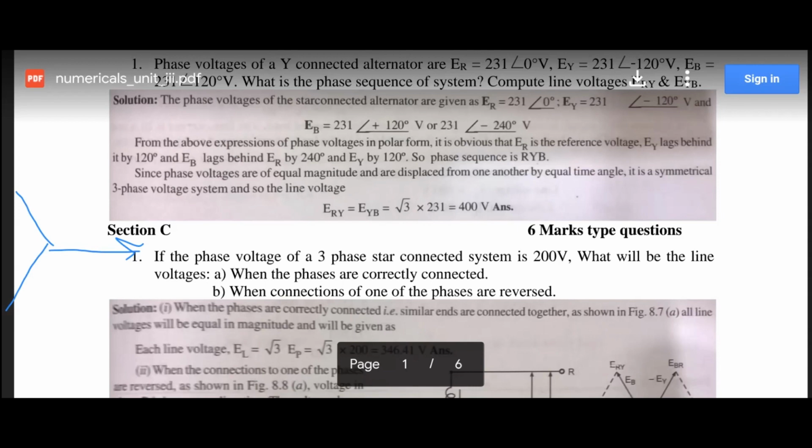Okay, this thing is common with single phase knowledge as well. So you can say this is A, this is B, this is C.